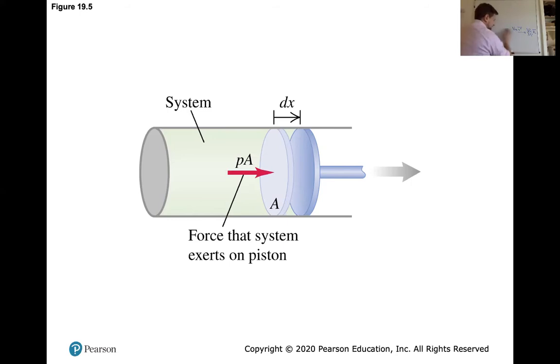We're talking about, let me just draw this really quick. We're going to move through dx, and there's some area. P, pressure, times area is the force that's pushing us this way. All right, so the force, so I don't need this diagram anymore.